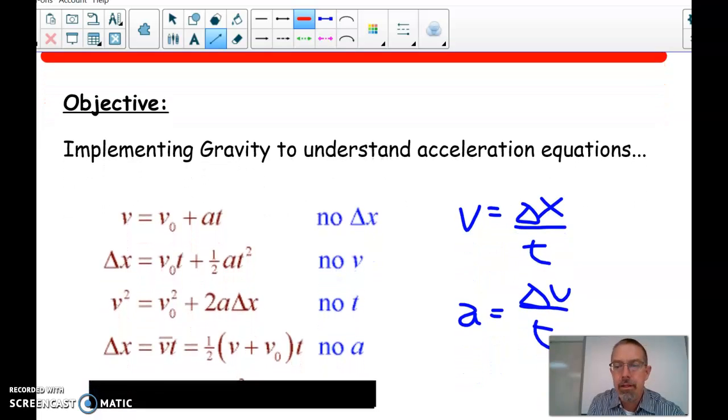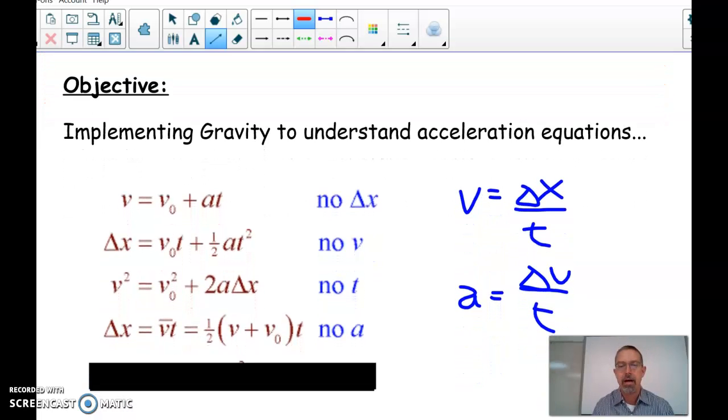And you should have these different tools in your toolbox at this point. Maybe a couple others, but these are some core kinematics equations we have. We've figured out what velocity is. We figured out what acceleration is. And we have what are called kinematics equations that help us find values depending upon what we need and what we don't have.